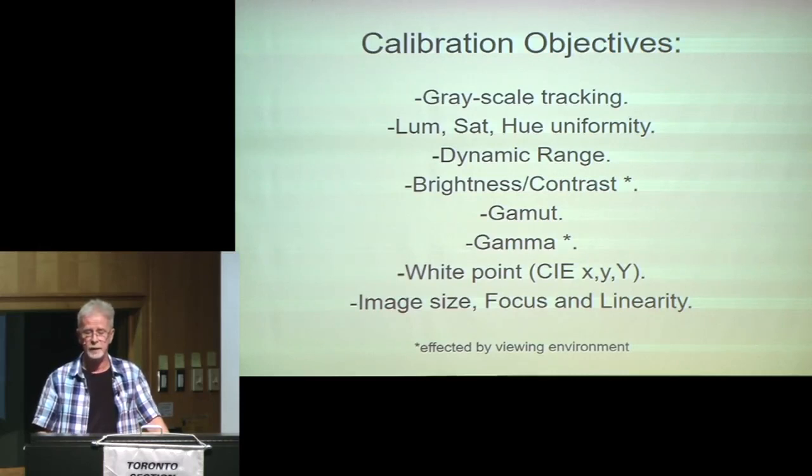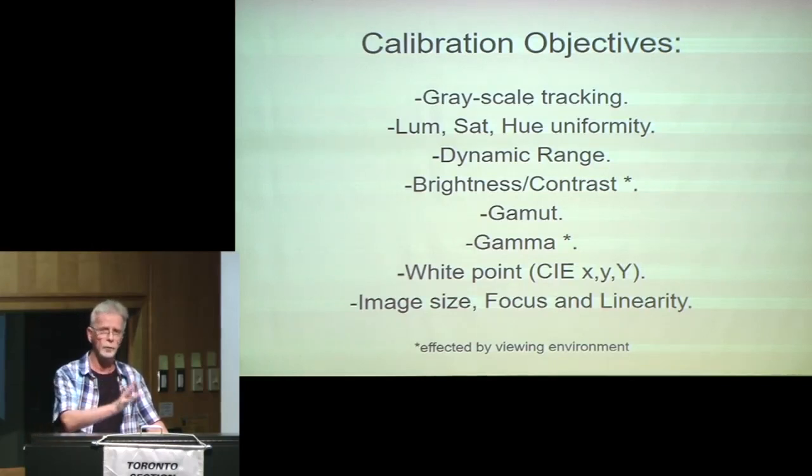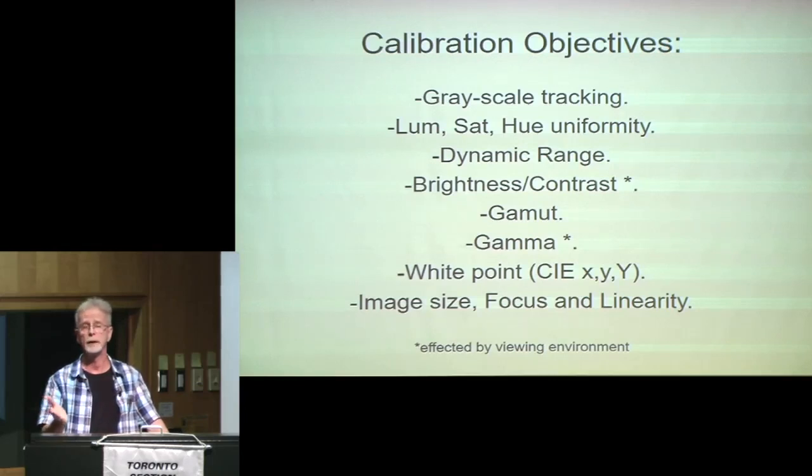The gamma and the brightness and contrast controls are greatly affected by the viewing environment. And they are a control, not so much gamma, but brightness certainly. It's something that a consumer can make small adjustments on if he turns all the lights off and he likes the way his display looks. And he turns lights back on again, he may want to bring the brightness up a little bit.